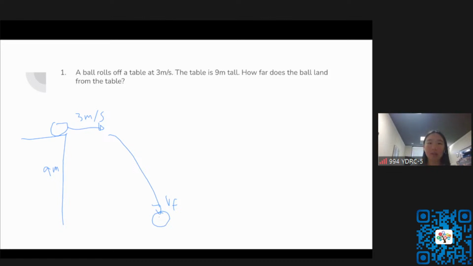The equation you use to find this is vf squared equals vi squared plus 2a delta x. So start by finding the final velocity. And after you find the final velocity, just calculate the time using this.